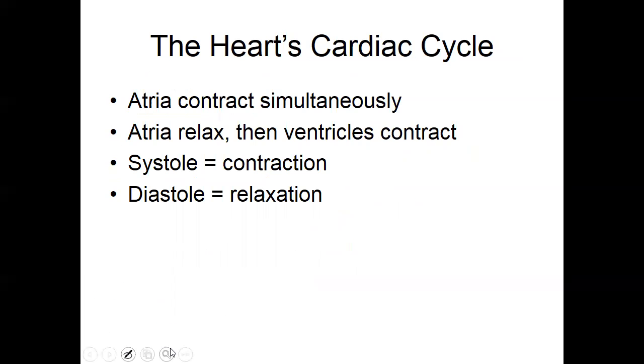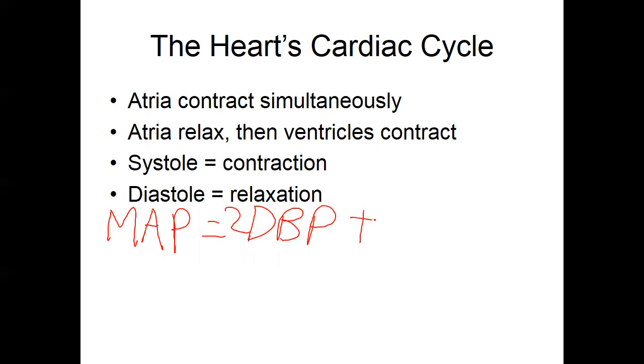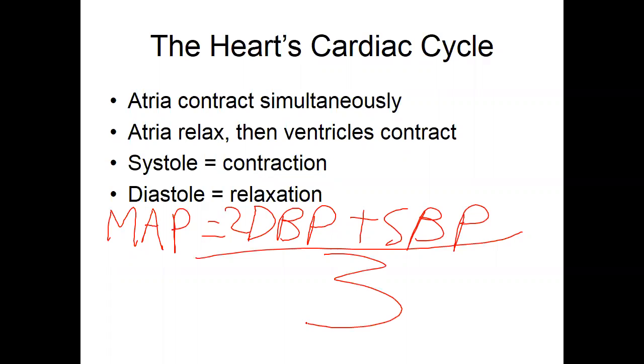The formula for MAP is one of those formulas you need to know and be able to calculate: 2 times the diastolic plus the systolic, divided by 3.